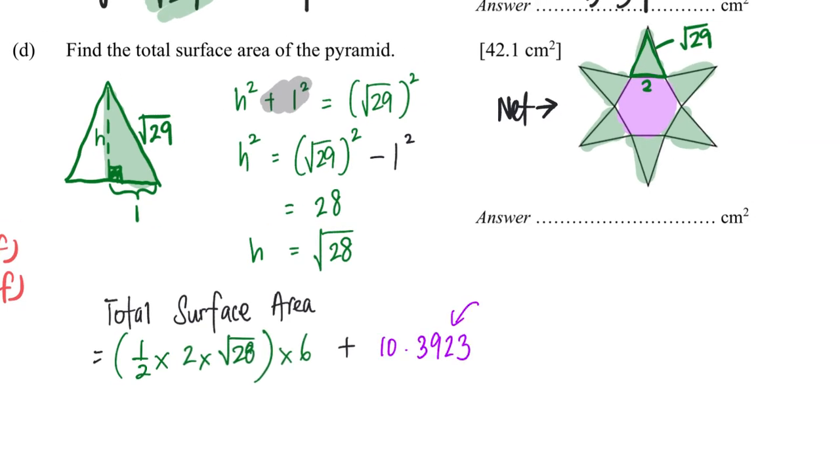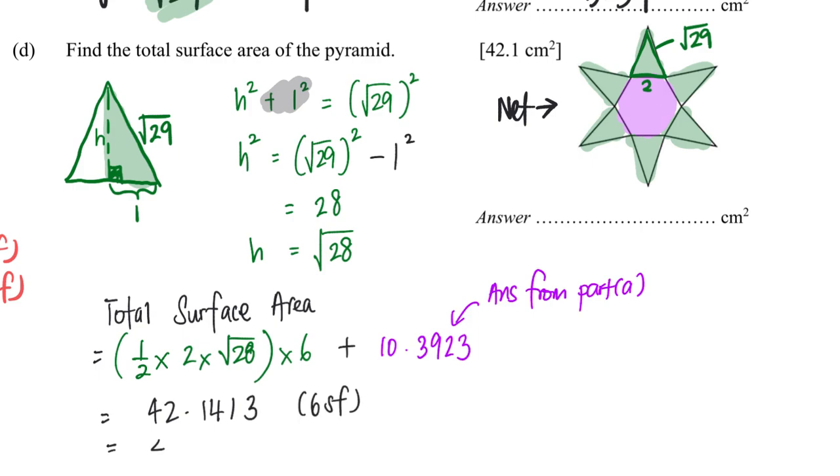And this will give me the final answer of 42.1413 to 6 significant figures, followed by 3 significant figures.